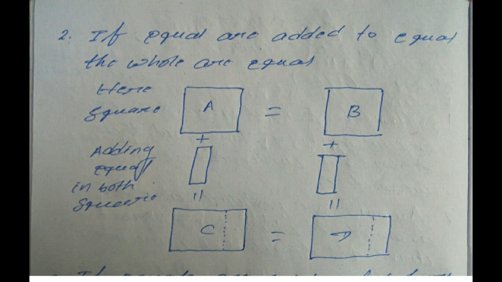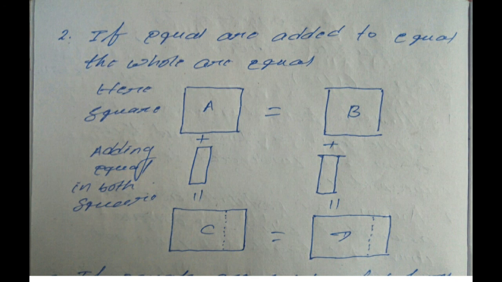You can see in the figure, adding an equal rectangle to both squares, we get rectangle C and rectangle D, which are both equal in area. So if equals are added to equals, the wholes are equal.